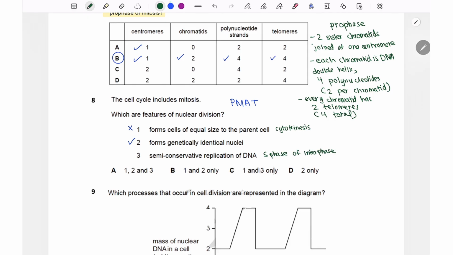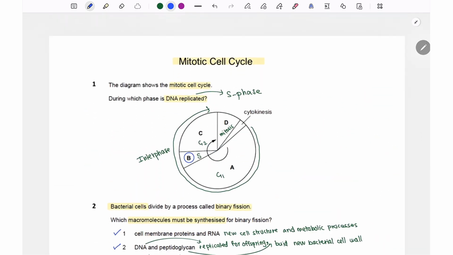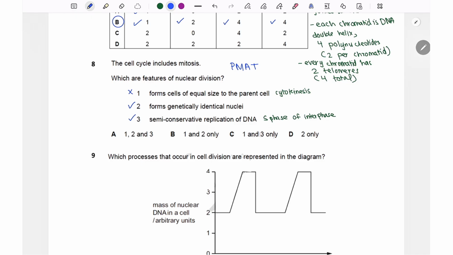And as we saw in question number 1, all of this is interphase, and this is completely different to mitosis. So S phase is completely outside of mitosis, the nuclear division process. D is our answer here. That's 2 only, not this.